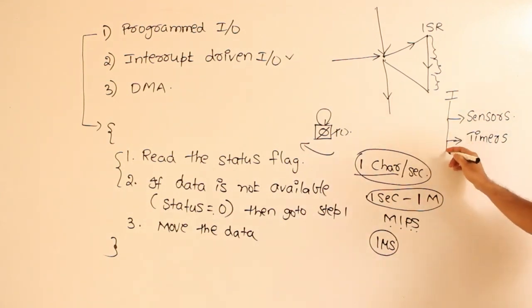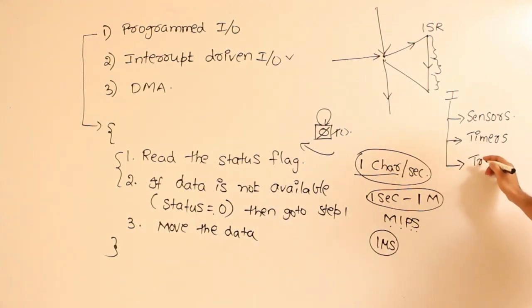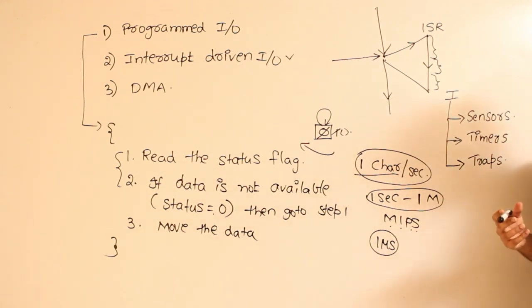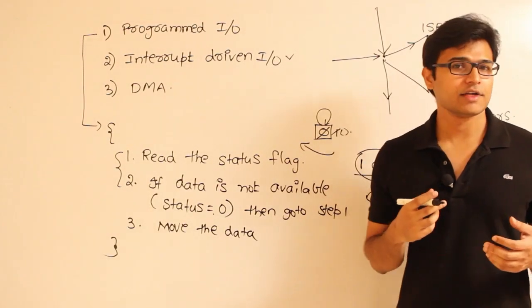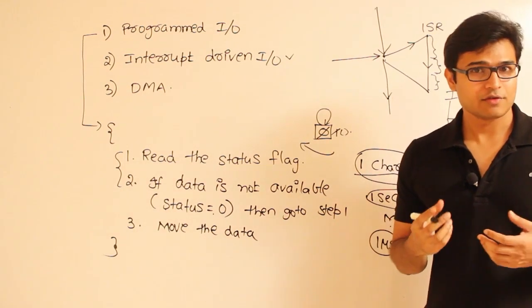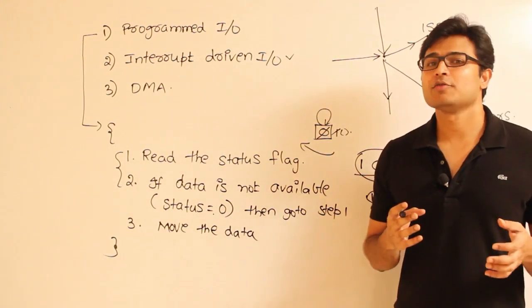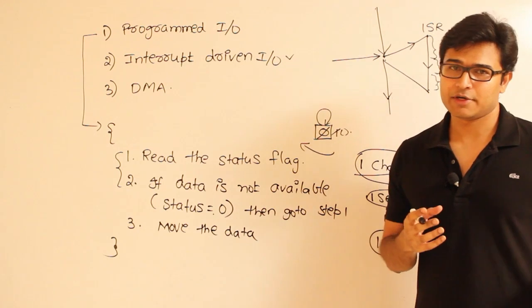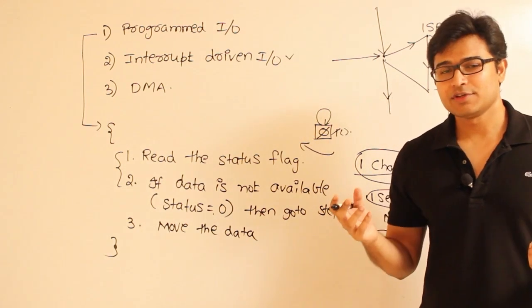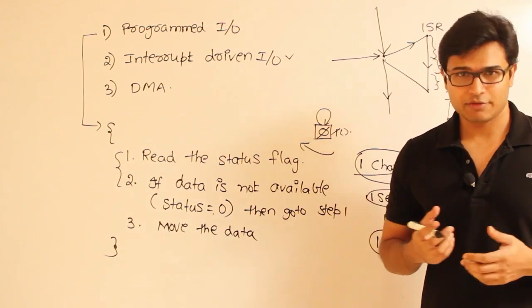And then another reason why you can get the interrupts is because of some traps. So there are traps, meaning some programming errors. Your program is trying to do something, and because of which either the result is going to be corrupted, or something else which is unexpected is going to be affected.